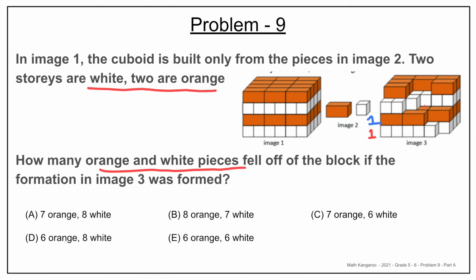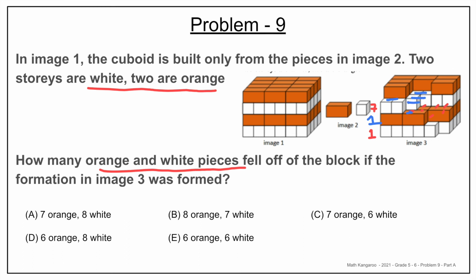On this we have 1, 2, 3, 4, 5, 6 and 7. So we have 7 fallen off, the white ones. Now we have to find how many orange have fallen off. So we would mark 1 has fallen from here, 2, and then 3.